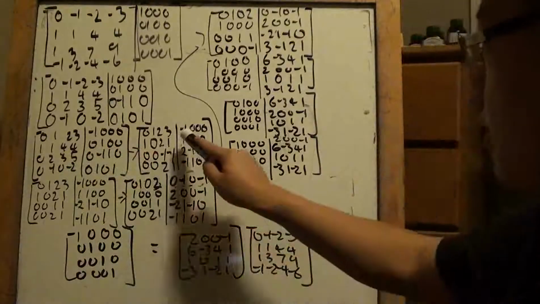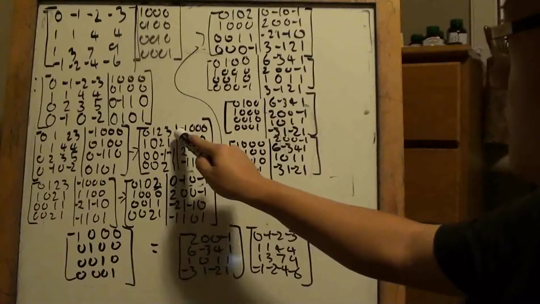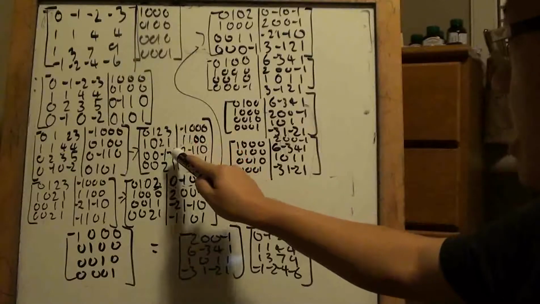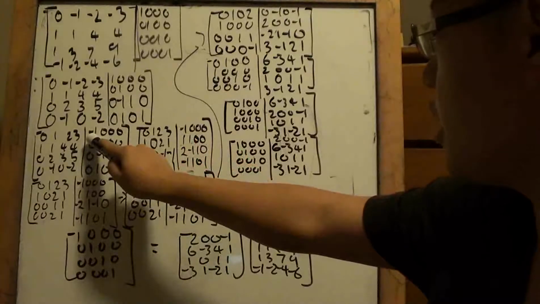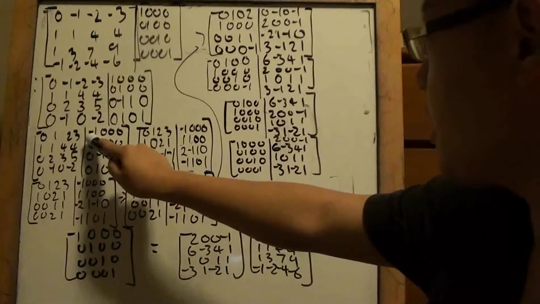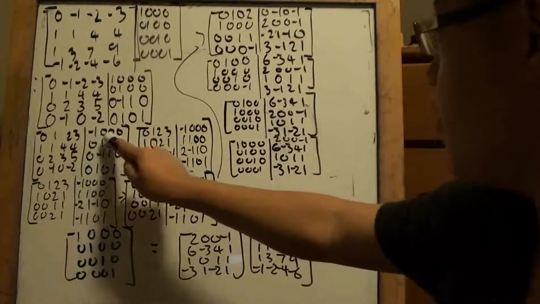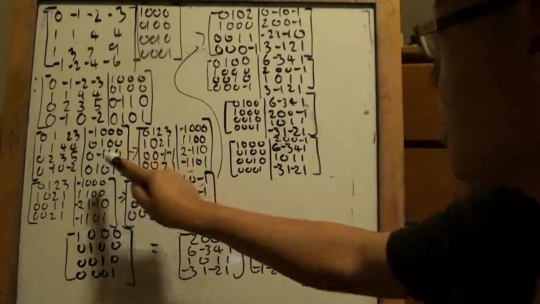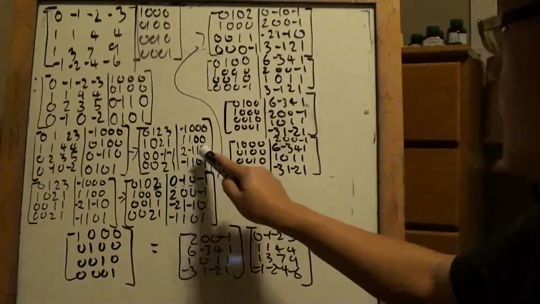Okay, and same thing goes here. -1 times -2 gives me 2. So I'm going to add this guy to this guy. Everyone else is times 0, so it doesn't matter. So 2 goes in here, so it's going to be 2, -1, 1, 0.